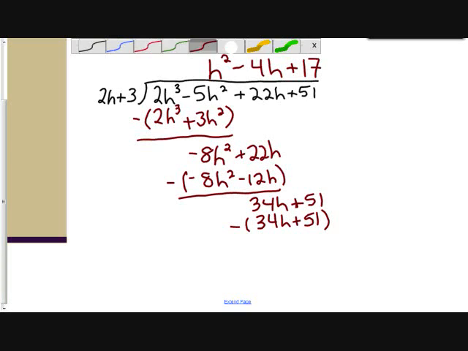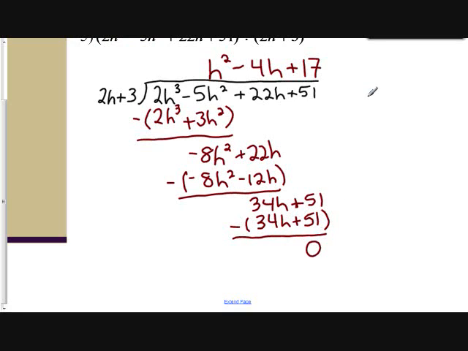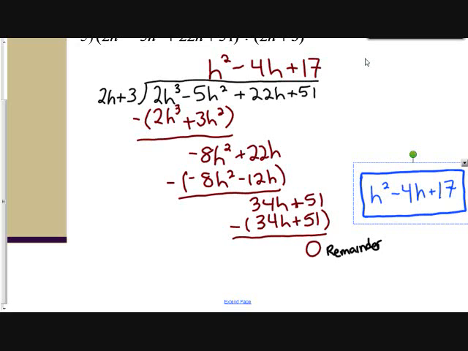And when we do that, the first term cancels, and you get 51 minus 51, which is 0. And as before, that 0 represents your remainder. So then our final answer is what we have on top, which would be h squared minus 4h plus 17.